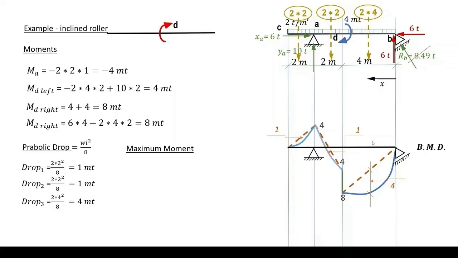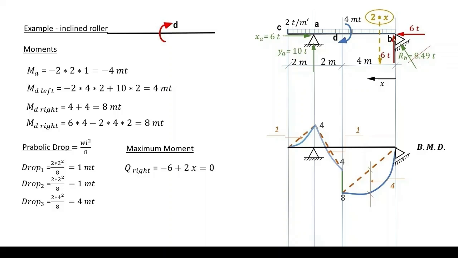Let's consider that this moment acts at a point X from B. So we have the distributed load at the part X equals 2 by X. And our shear at the X section here will be 6 tons and the 2 by X. Consider that we are starting to consider the shear from our right hand side, and therefore we will inverse all our signs.